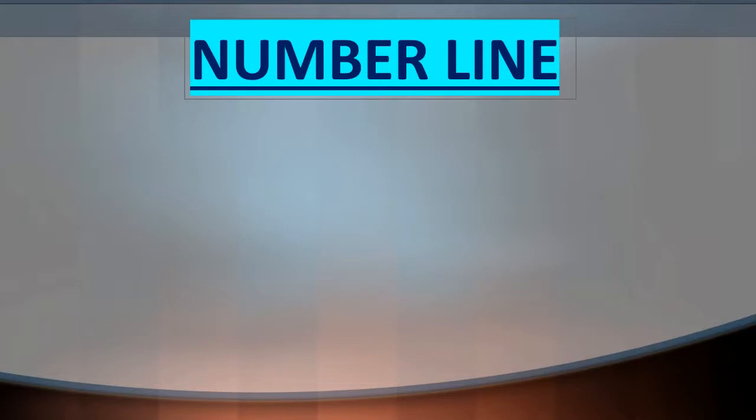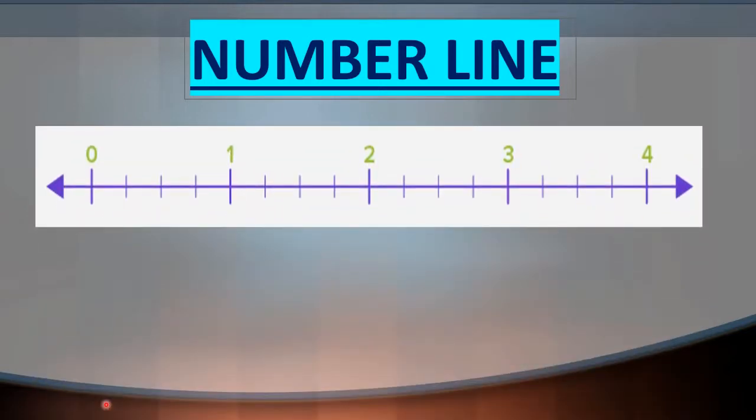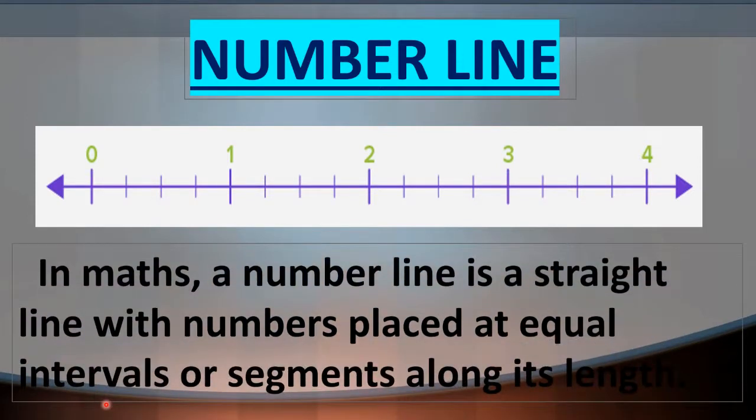Students, we know what a number line is. Here you can see this number line. In maths, a number line is a straight line with numbers placed at equal intervals or segments along its length.